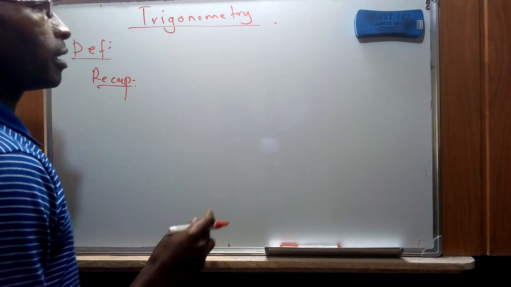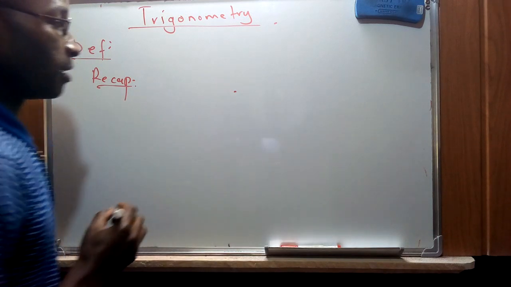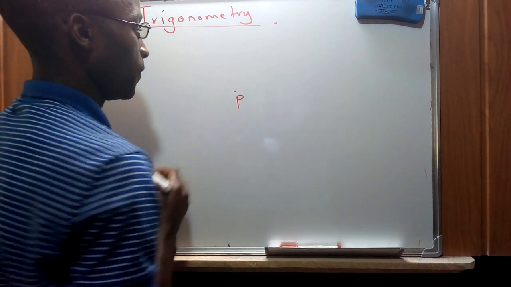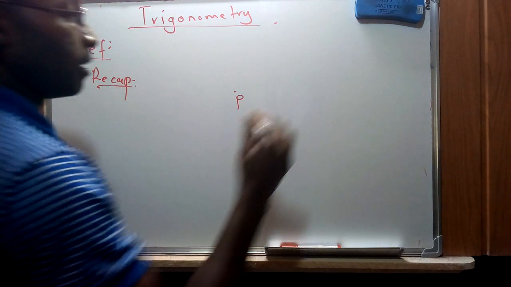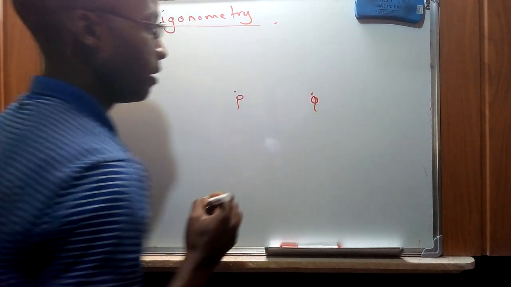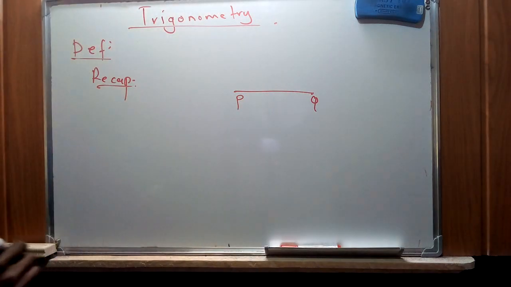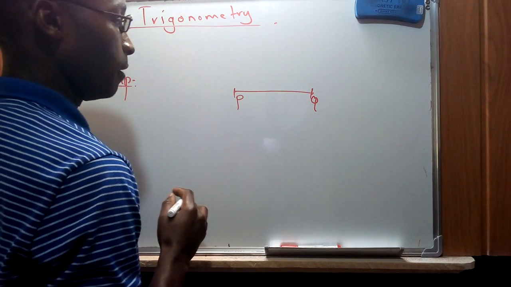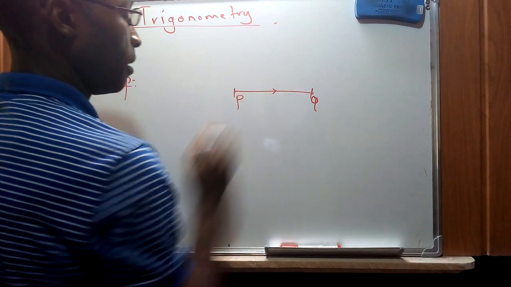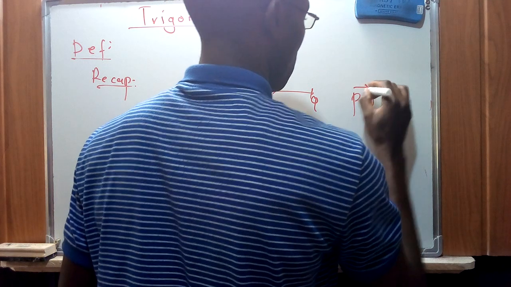When I was doing the introduction to geometry, we said that we can have a point in space, maybe point P, an arbitrary point in space P, and then if we have a corresponding point Q still in space, the shortest distance between the two points P and Q can be illustrated, and that is going to form a line from point P to Q. If it's moving in that direction, then we can denote that line as PQ.